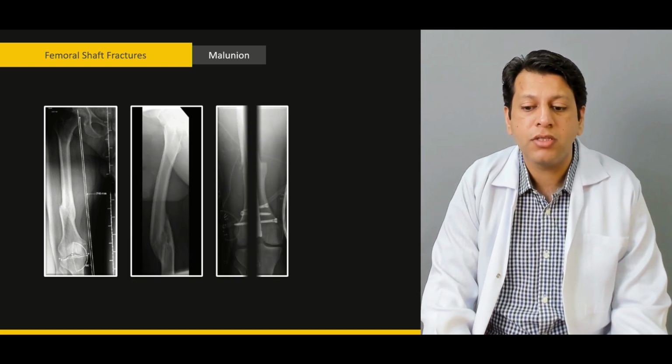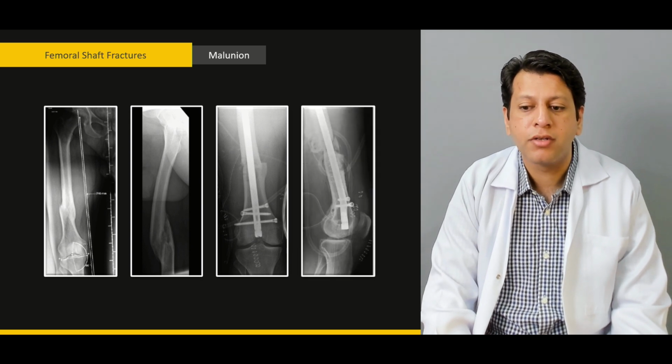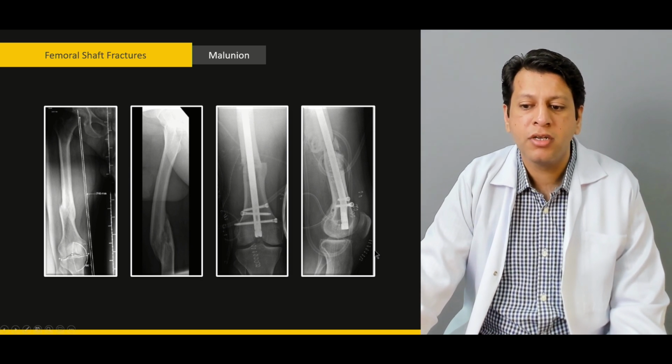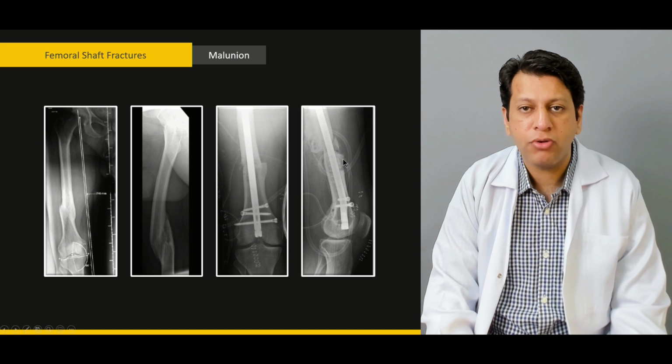Then there is non-union, or this form of malunion can also occur. As you can appreciate over here, multiple nailing was done in an adult patient, but despite all this, the nail is actually bent, resulting in a malunited fracture which has not healed properly.